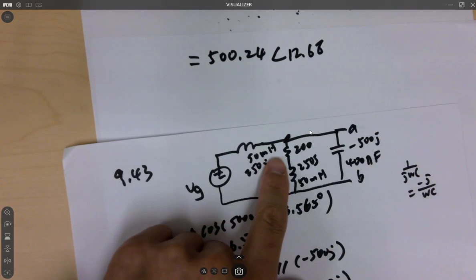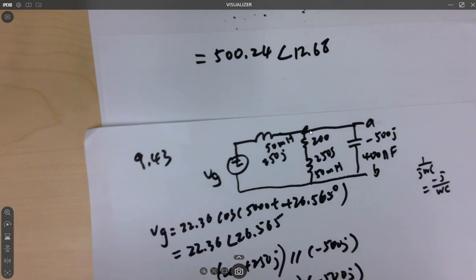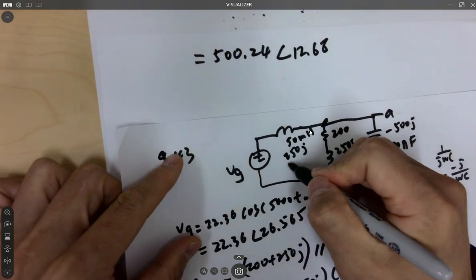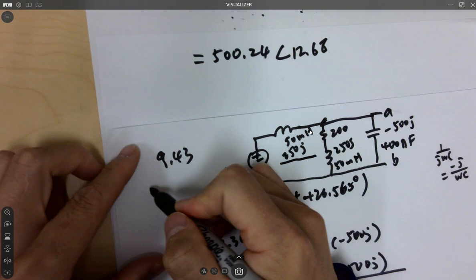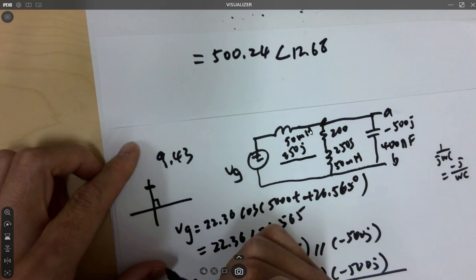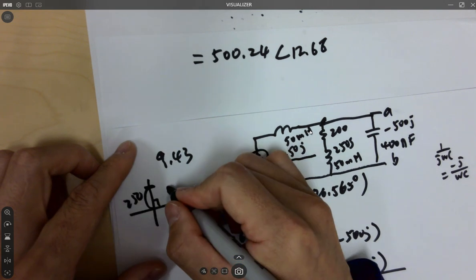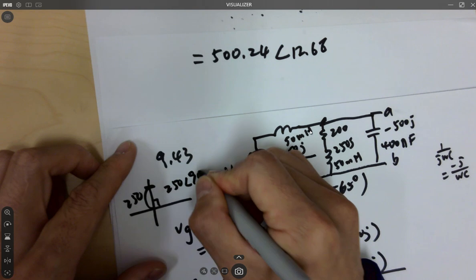Use the voltage divider: the series is the equivalent resistance, and 250j only has a component on the imaginary part, so it's basically 90 degrees, and the amplitude is also 250. So you can directly write down 250 angle 90 degrees for this guy.